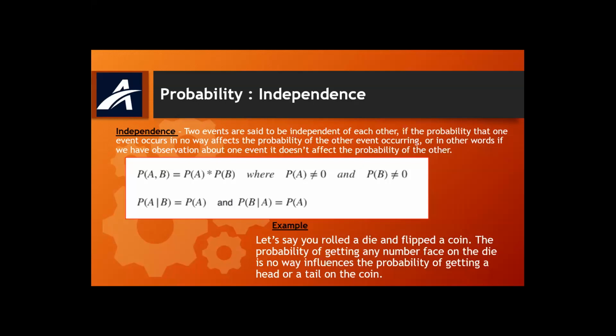An example is flipping a die and flipping a coin. You getting a 6 on top of a die does not have an impact on you getting a head or a tail. Those two are independent. All right?